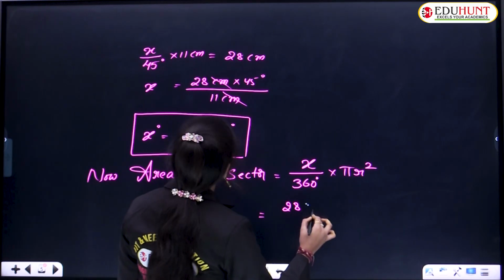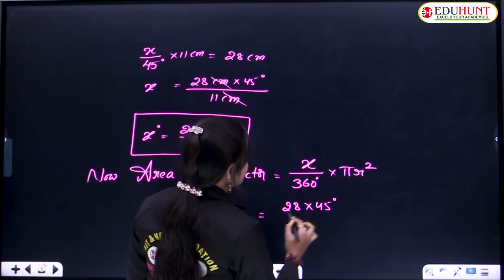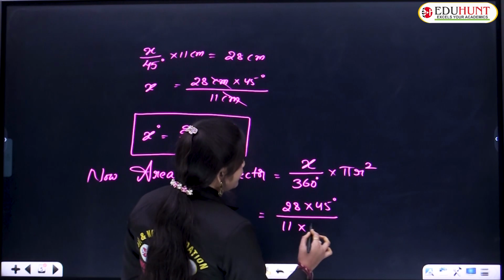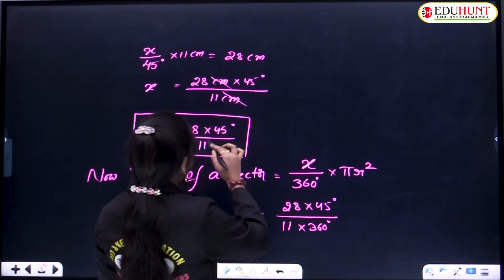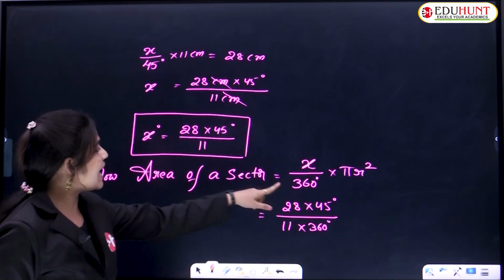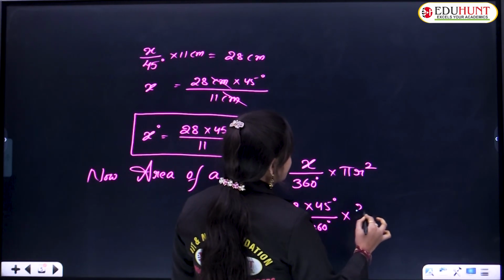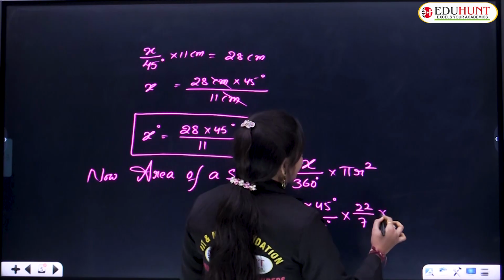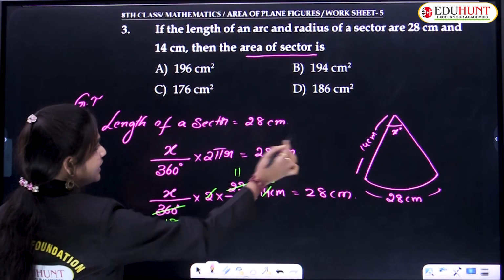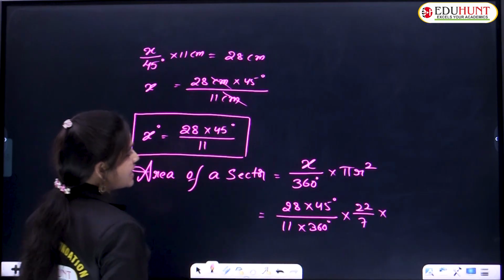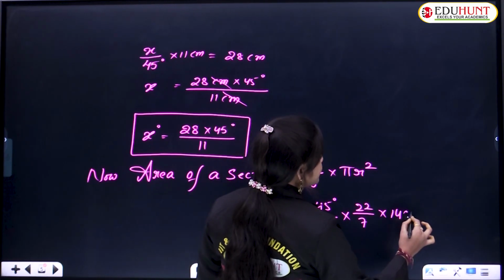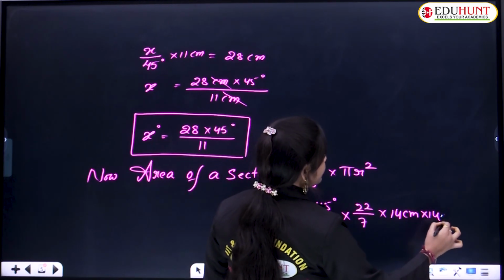That is 28 into 45 degrees whole by 11 into 360 degrees. Why? Because in the denominator we have 11 and here in the denominator we have 360. Into pi is equal to 22 by 7, into r square, where r is equal to 14 centimeters, so 14 centimeters into 14 centimeters.